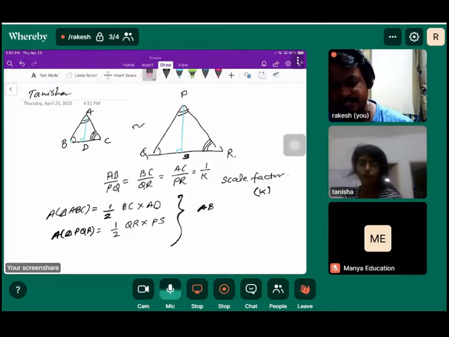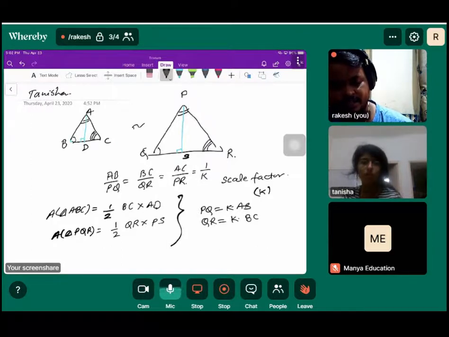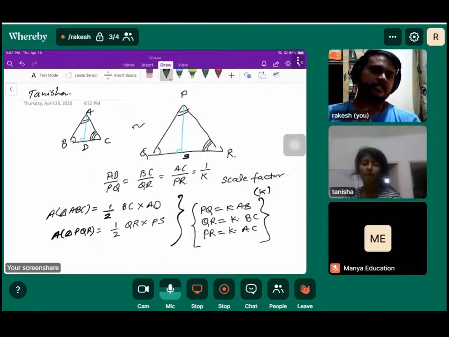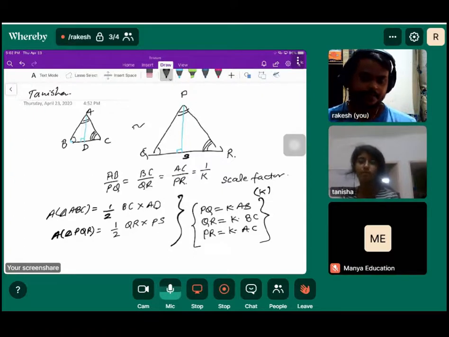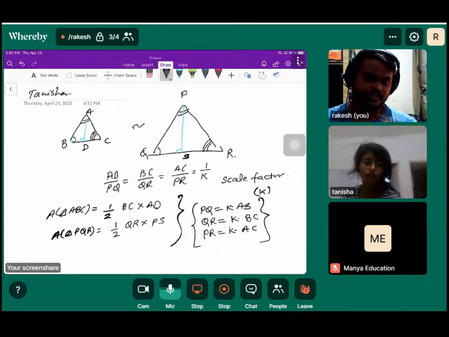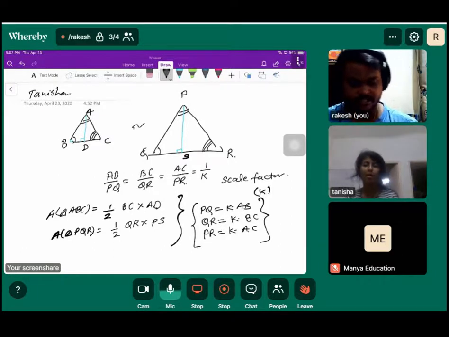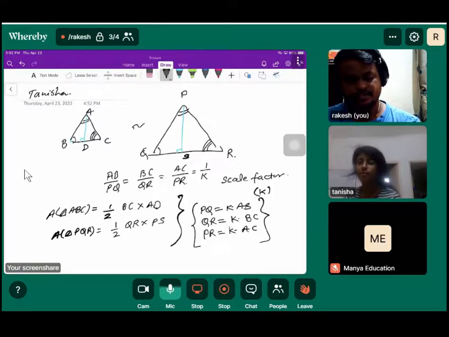PQ is equal to k AB, QR is equal to k BC, and PR is equal to k AC. So this is the meaning of scale factor. It means each side of the one triangle is k times the sides of the other triangle, right?